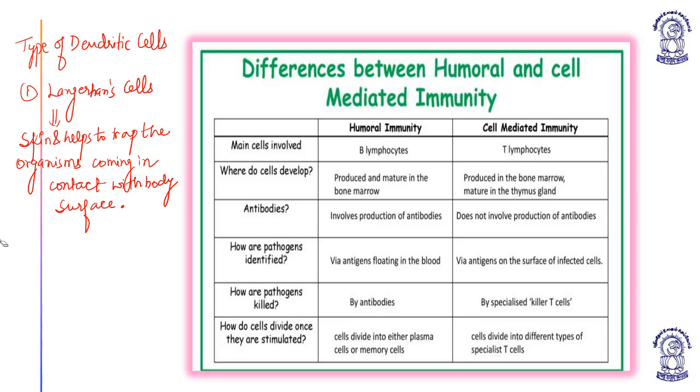Understood? The second category is dendritic cells in spleen. Then follicular dendritic cells in lymph nodes.